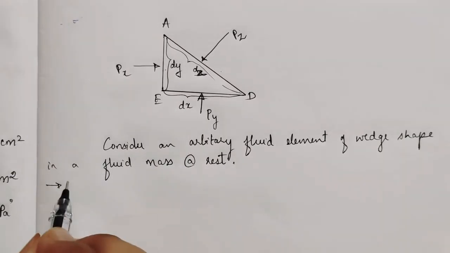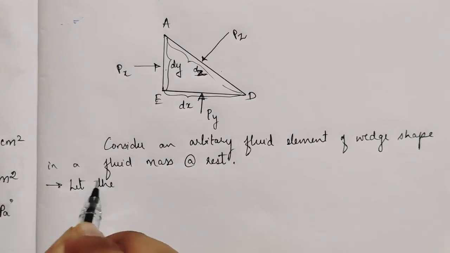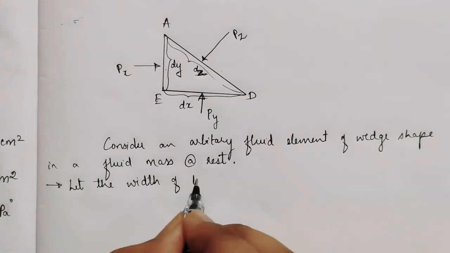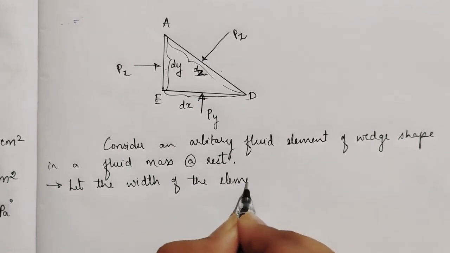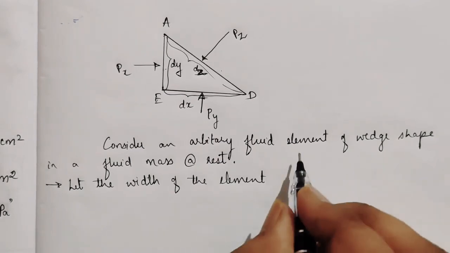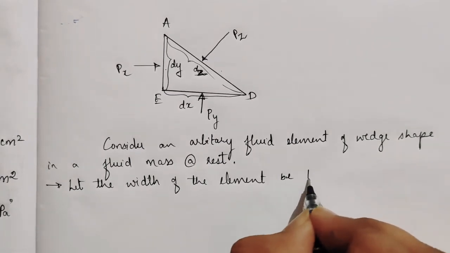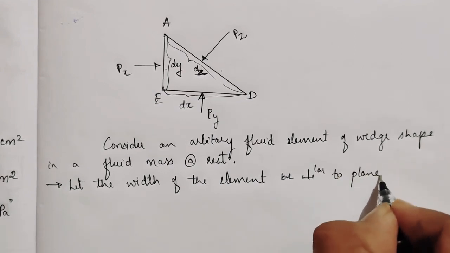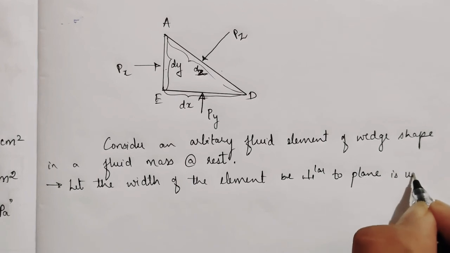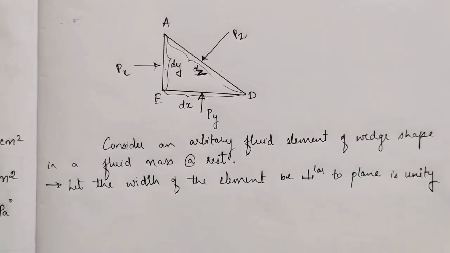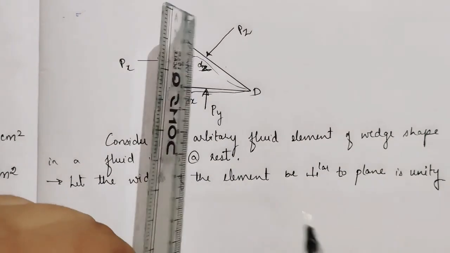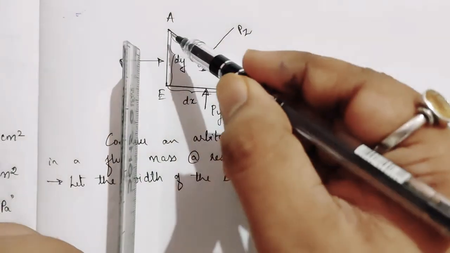Next, we will define this element. Let the width of the element perpendicular to the plane be unity. In a 3D element, I took only this line.